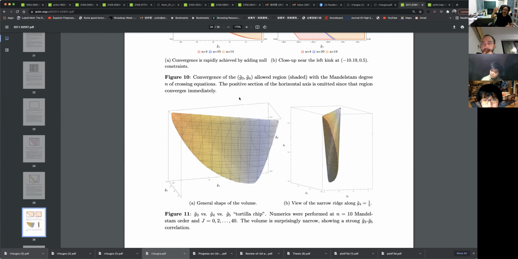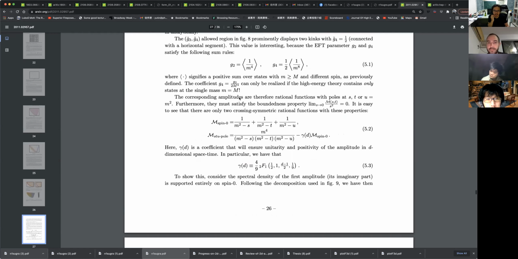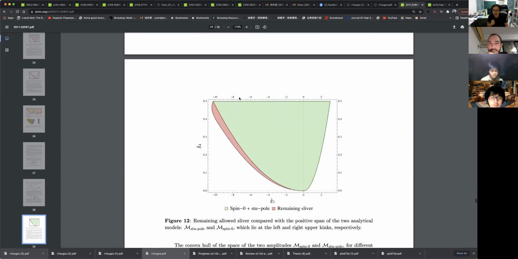Because if I plug in string theory, which I did before, and then look at the space, it's always going to start here, but then it carves in here very fast. So string theory and also the one loop massive box, it all curls in very fast. And it seems to be very hard to get outside here.